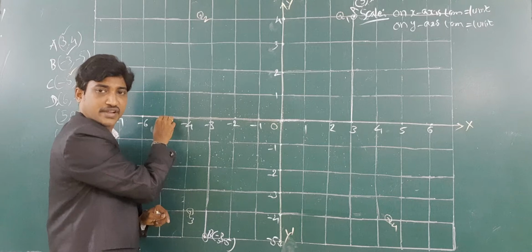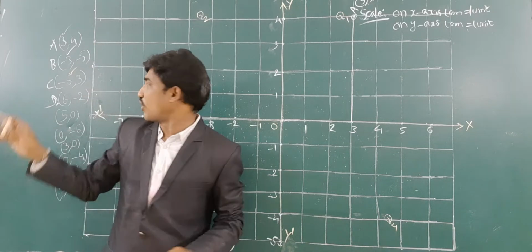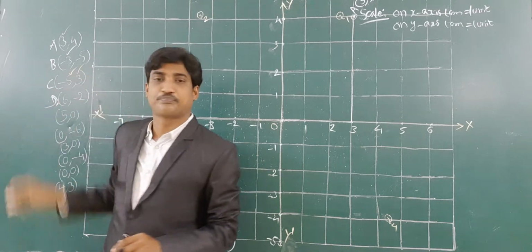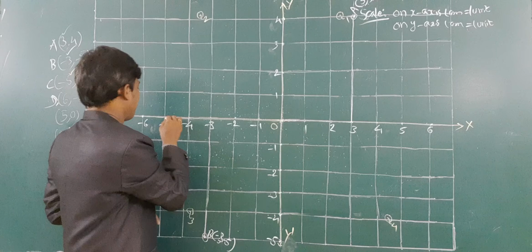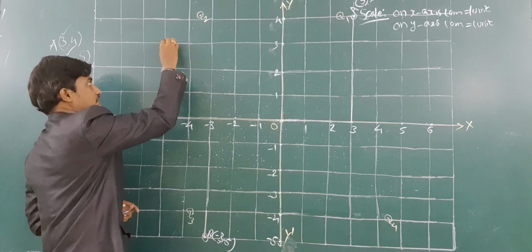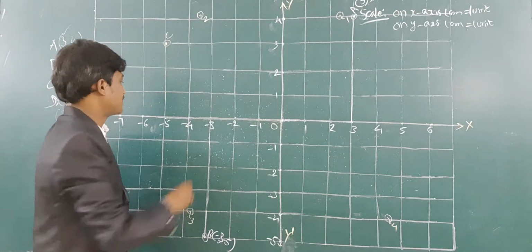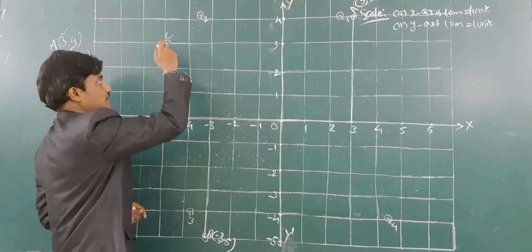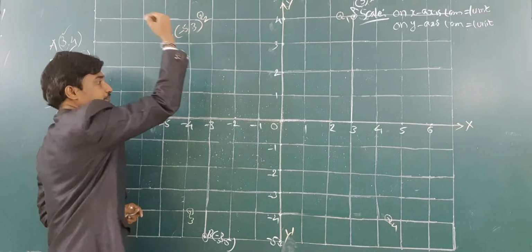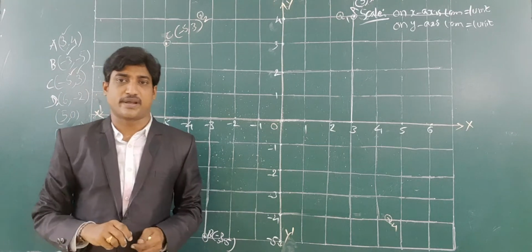If the y coordinate is negative, take the distance downward. As the y coordinate of C is 3, which is positive, move upward 3 units, 1, 2, 3 units. Then the destination point is C. That is, the x coordinate is -5, the y coordinate is 3. That is (-5, 3). C is (-5, 3).